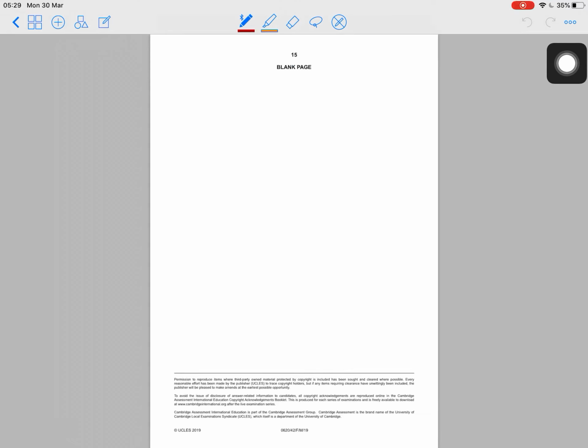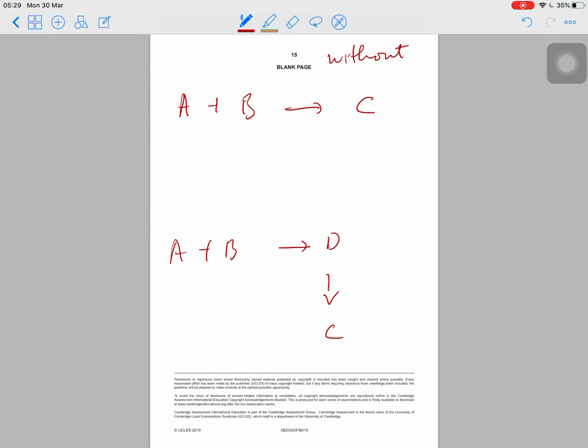This is A plus B turning into C, and here A plus B will turn into D first, and then the D will turn into C. Okay, so this is without a catalyst, this is with a catalyst. Say for example, you need 1000 degrees Celsius here, and here you need 50 degrees Celsius, and then here you need 5 degrees Celsius.